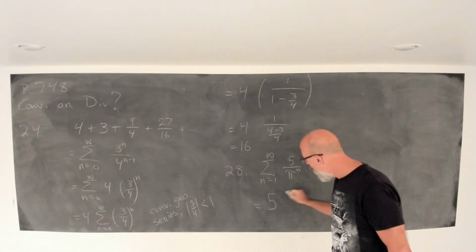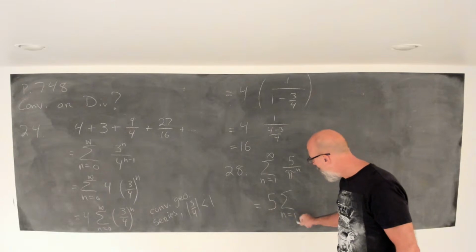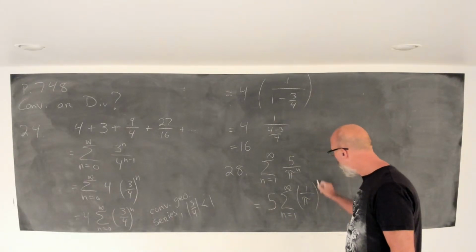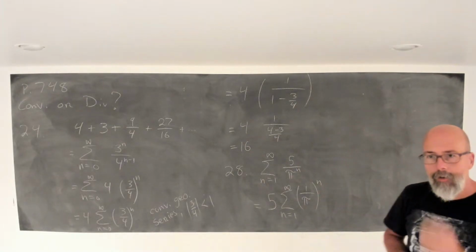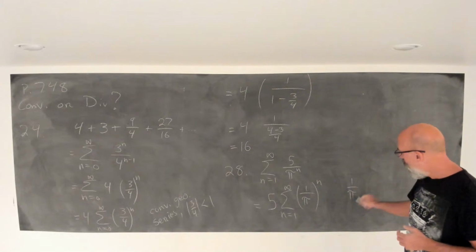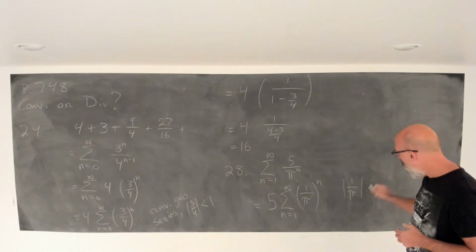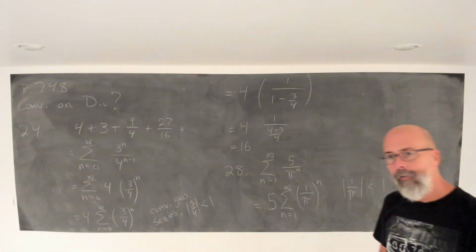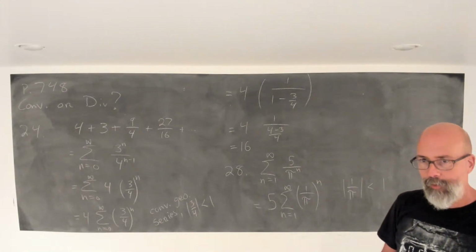If you factor out the 5, this is really 1 over pi to the n. And again, 1 over pi, 1 over 3.14159, something like a third, is less than 1 in absolute value.